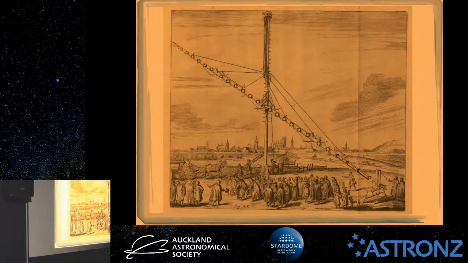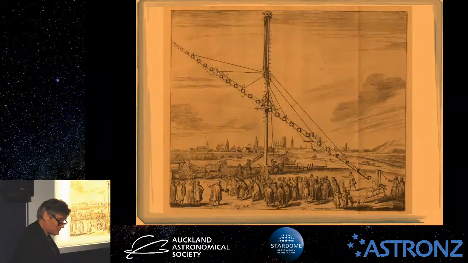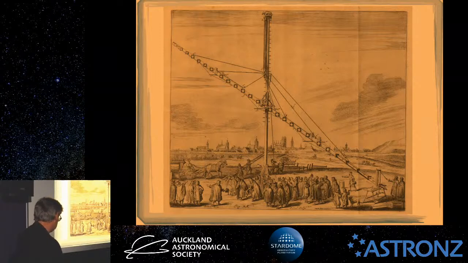I think this was Hevelius who came up with this idea that he would have an objective lens right up the top there, and you can see the eyepiece down the bottom, and it's pretty impractical to use. But there were quite a number of telescopes back in the 18th century where they tried this with very limited results, as you can imagine.